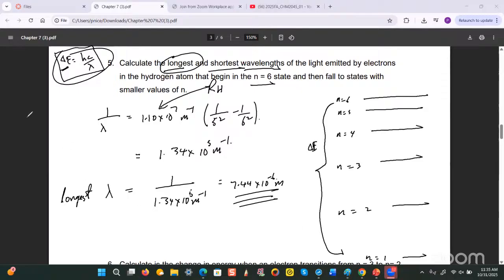So all I have to do is change this here from 5 squared to 1 squared, and then we do the same calculation. In this case, it's 1 minus, and then I multiply that by 1.10 times 10 to the 7.